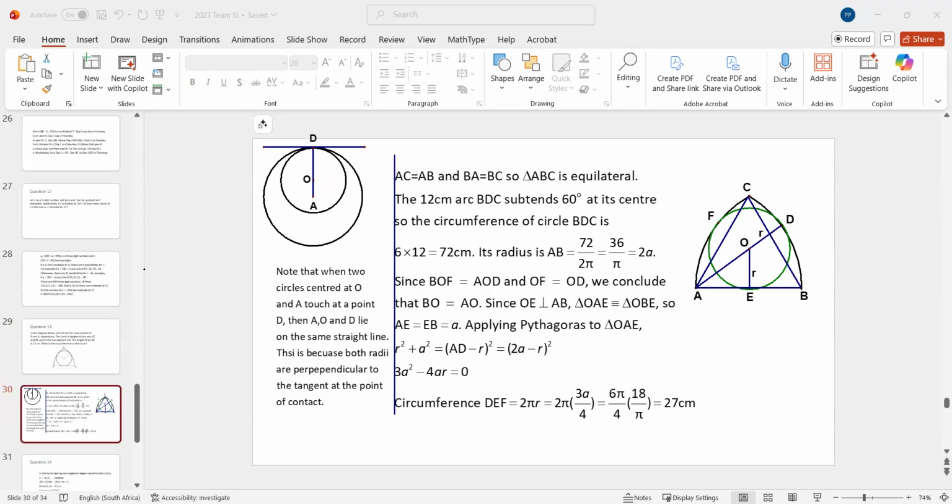A is the radius of the circle. The radius is 2a. So we had, sorry, we had that it's 72.